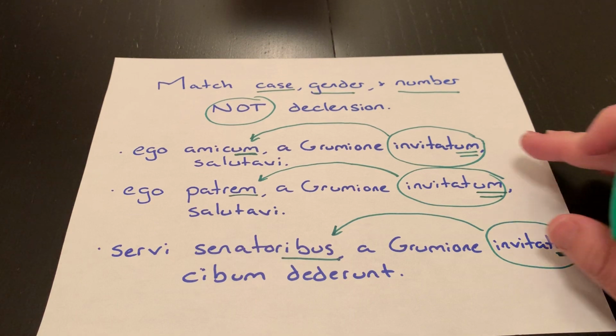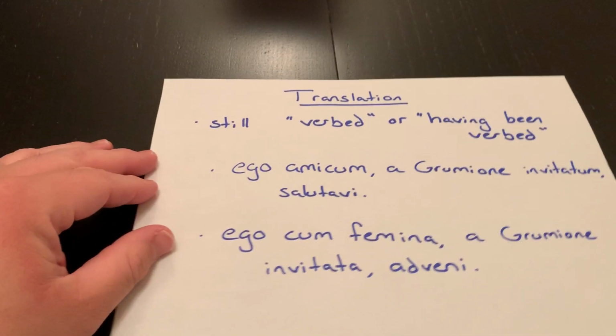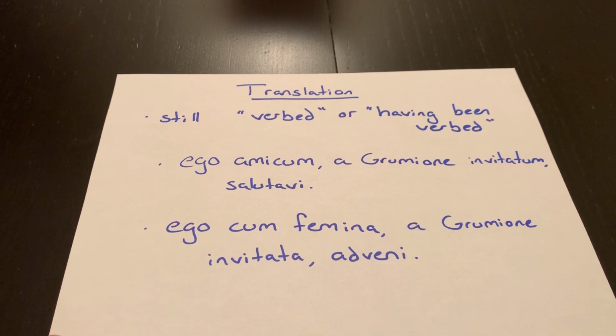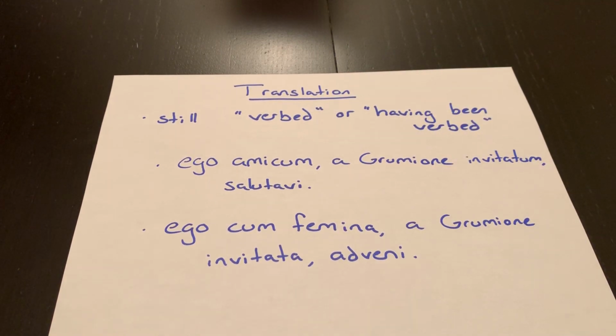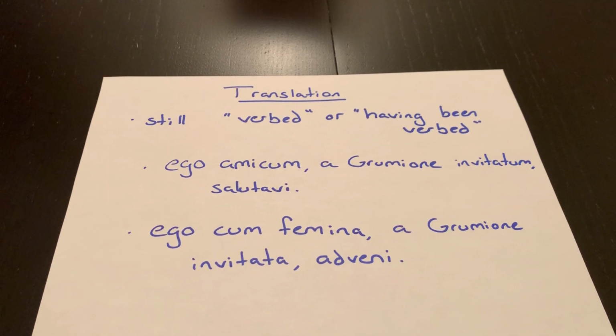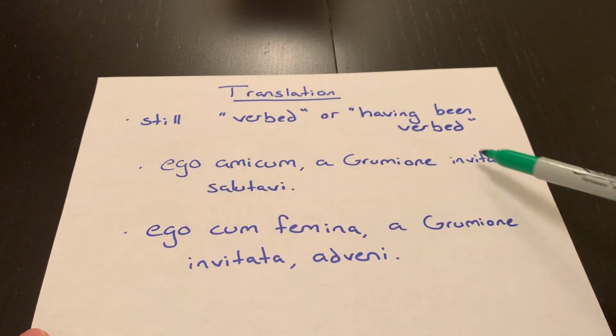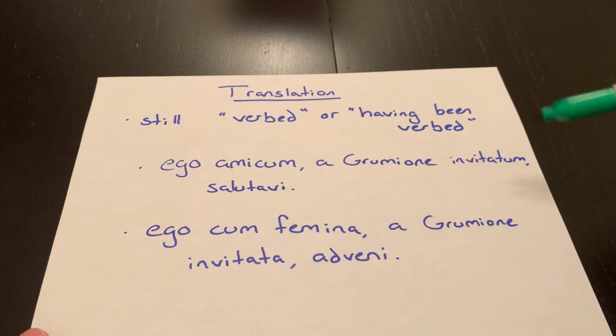As far as translating these, again, it's no different than when we looked at them just in the singular and then when we added plural, like the simpler forms of it, it's still translated verbed or having been verbed. It's just describing a different word. So here we have ego amicum a Grumione invitatum salutavi.